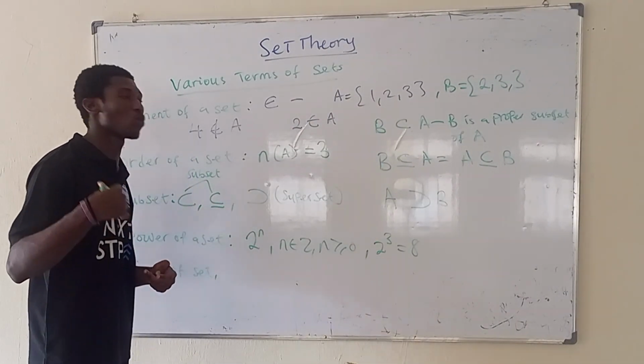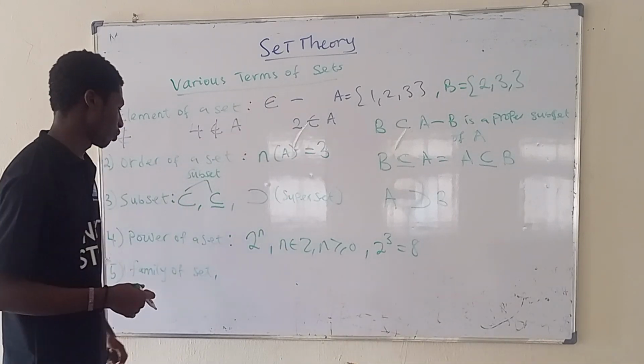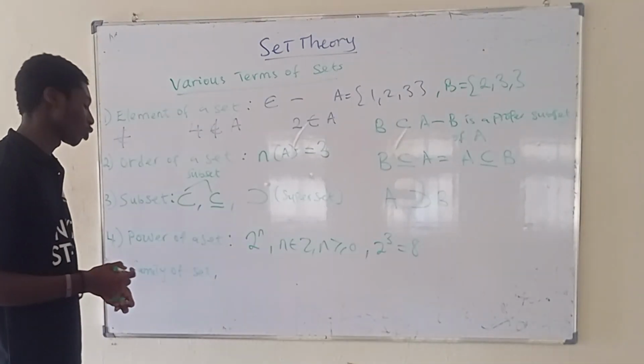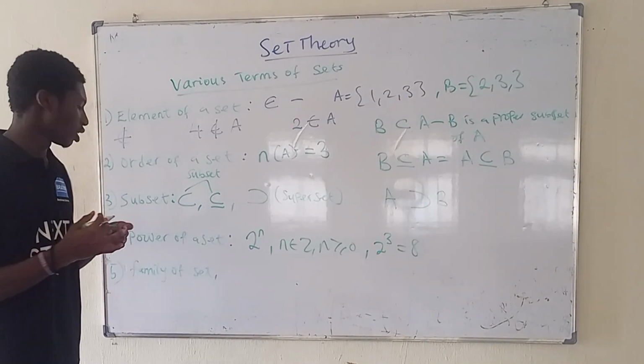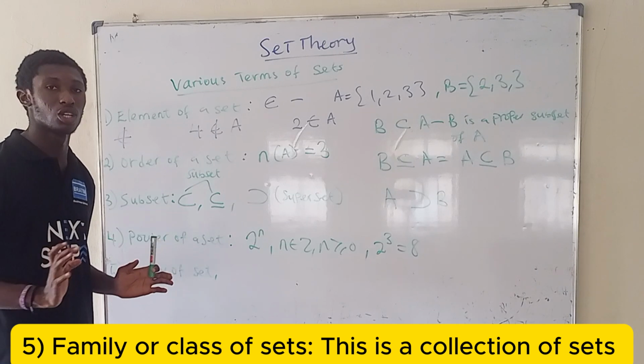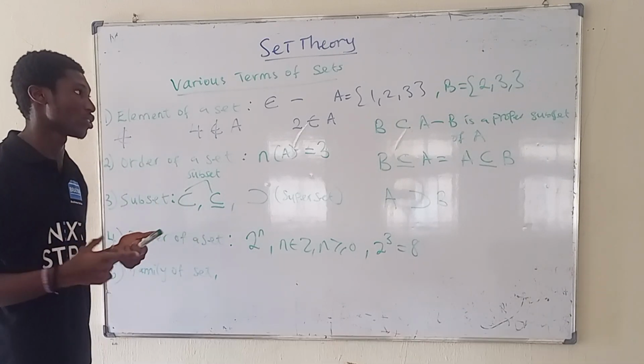Stick around, we'll see how we find the subsets of the set A. Finally, we have family of sets, or we can call it class of sets. The family of a set is a collection of sets. That's what it means. A collection of sets is the family of a set.